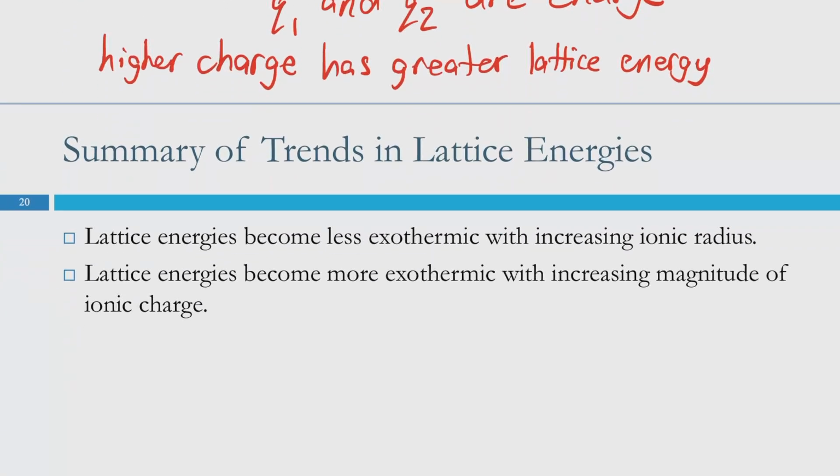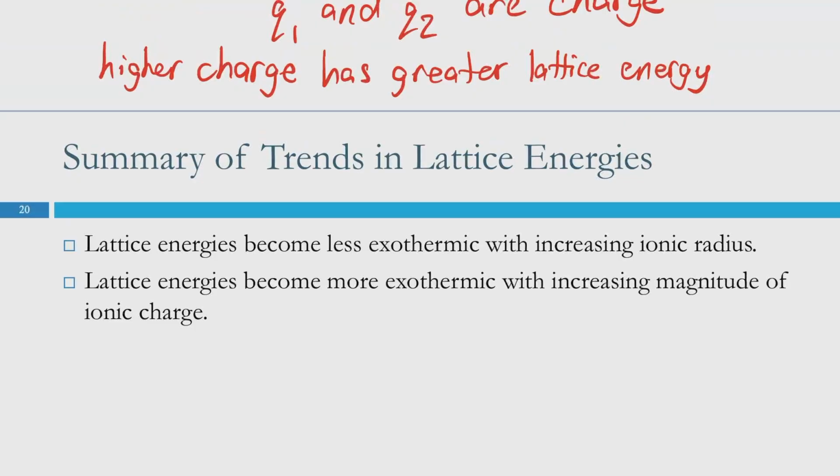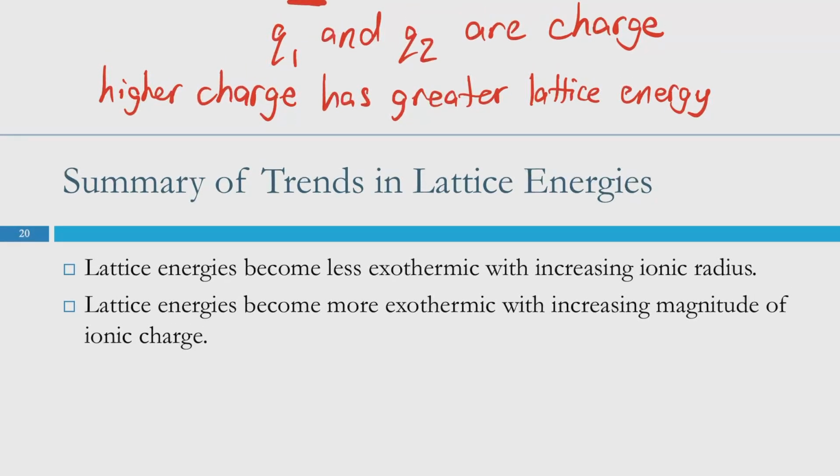Okay, so the summary of what happens: lattice energies become less exothermic with increasing ionic radius. Energy decreases as radius increases.